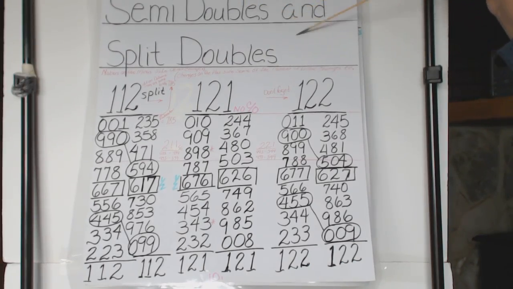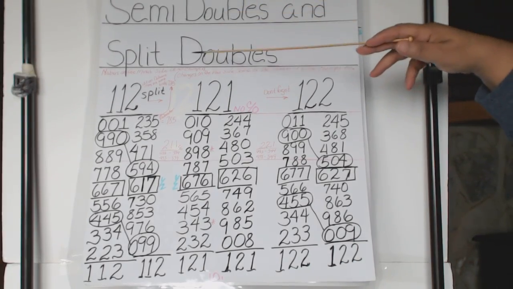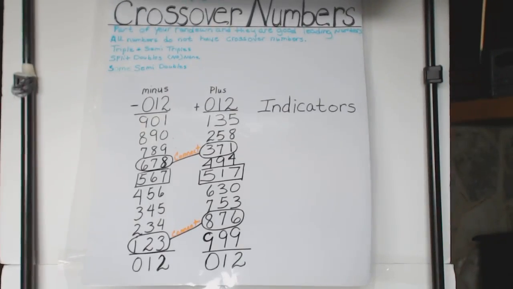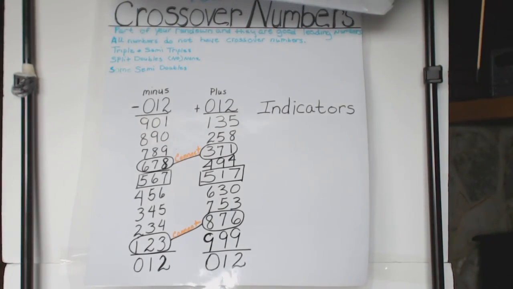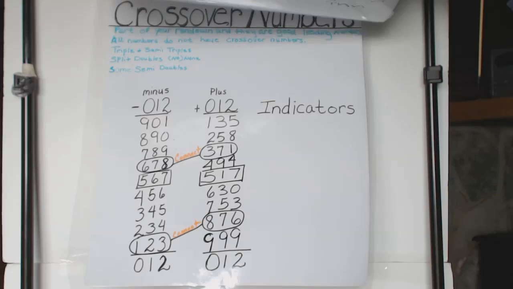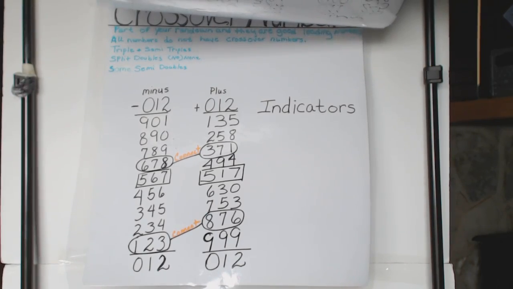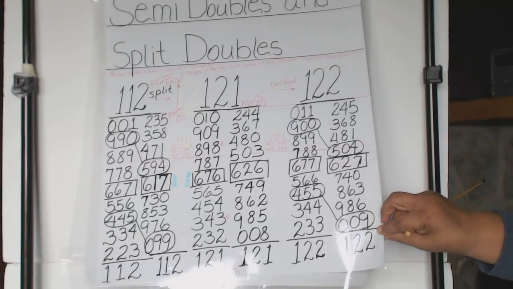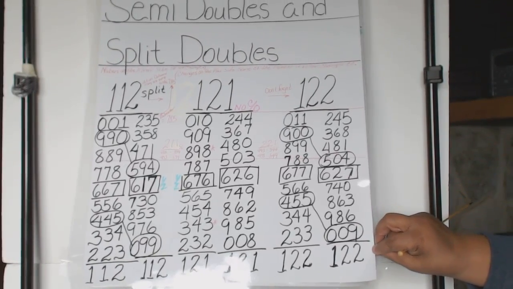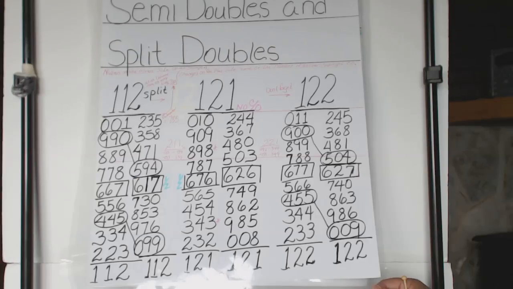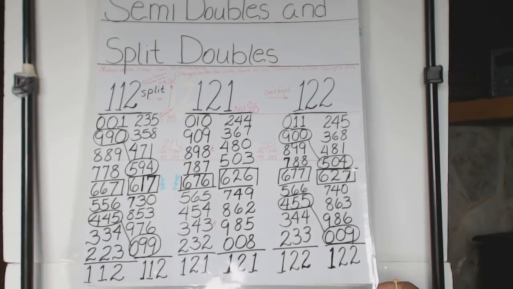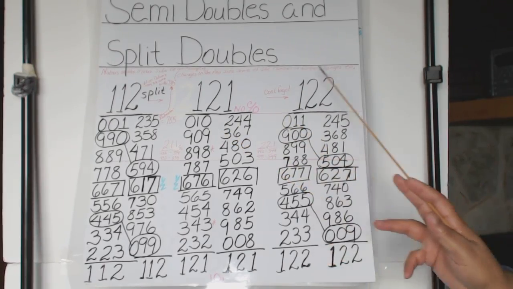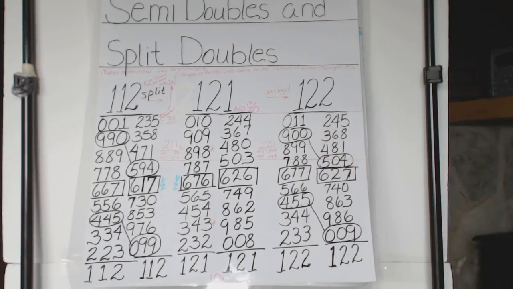This is semi-doubles and split doubles. The crossover number here, 0, 1, 2, is a primary number. All primary numbers will have crossover numbers. The problem comes in when you get to doubles and secondary numbers, because secondary numbers can be changed into doubles.